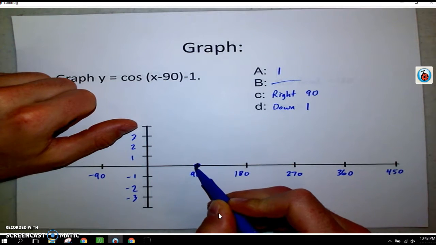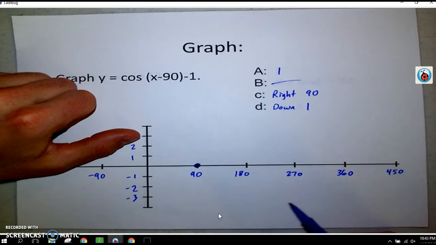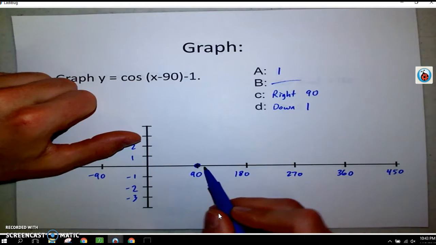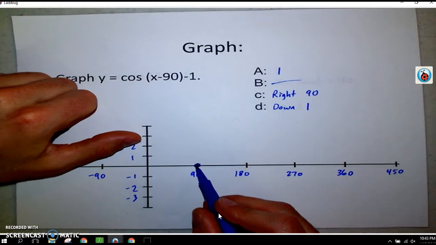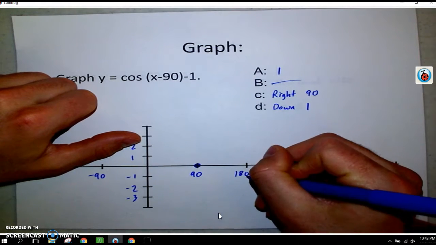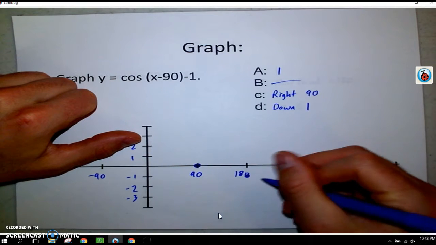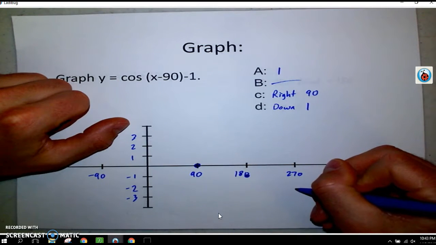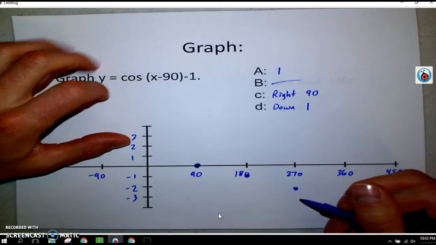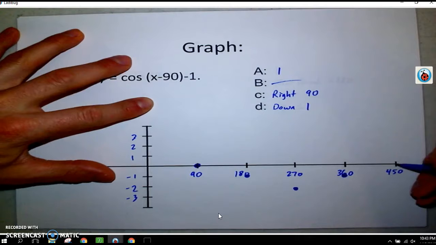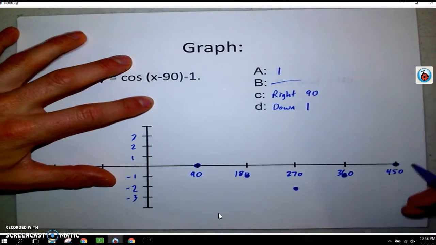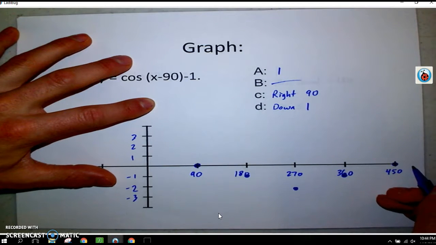And now I'm going to go through my typical cosine path. So I'm going to recognize that this is the top of my graph right here, and as I go right 90 units, I go down 1. And as I go right 90 units again, I go down again to -2. And then at 360, I start going back up. I'm at -1. And at 540, I once again reach a maximum point right here.